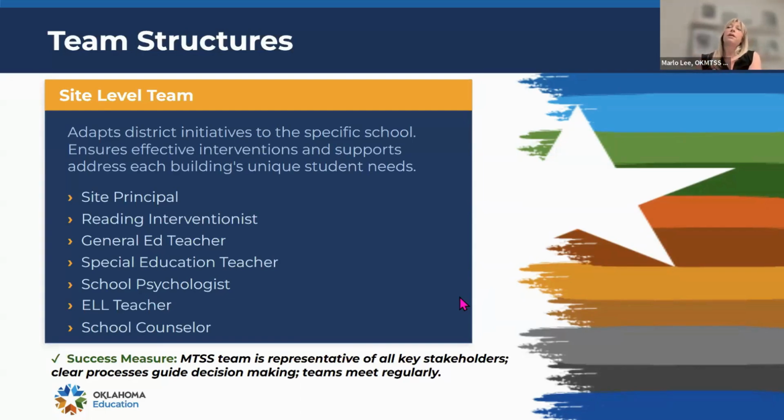So the site level team would adapt district initiative to that specific school. There are differences in elementary, middle, and high school and how you run the MTSS process there. So having site level teams is very important.